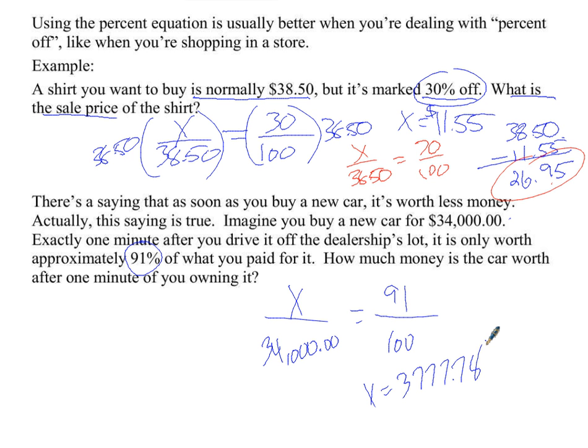I don't know what you did, but you entered something wrong. This is $30,940. So whatever you did, I don't know, but do 0.91, because 91 divided by 100 is 0.91, and then times 34,000, you should get this answer.